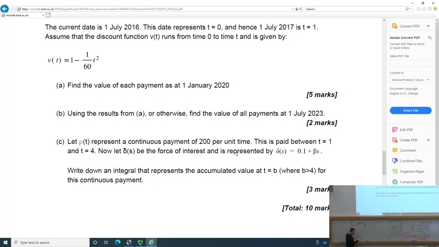So for each time t, between 1 and 4, we'll start there, and then we'll accumulate for a set amount of time. How long are we going to do that for? Well, we're going to accumulate to time b.